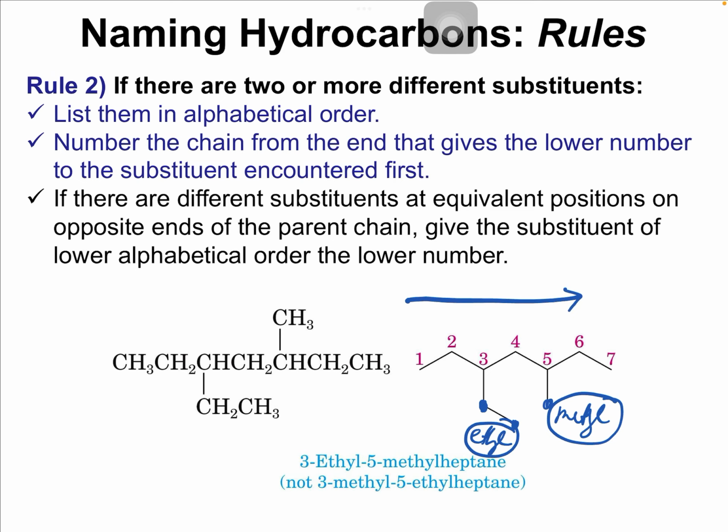Okay? So, basically, alphabetization, tapos kung same yung attachment ng inyong mga substituent doon sa parent chain, then you assign a lower number doon sa mas nauna sa alphabetization. So that's why the name is 3-ethyl. Kasi bakit? Merong ethyl group na nakakonect dito sa carbon number 3, and then you have a methyl group at carbon number 5.